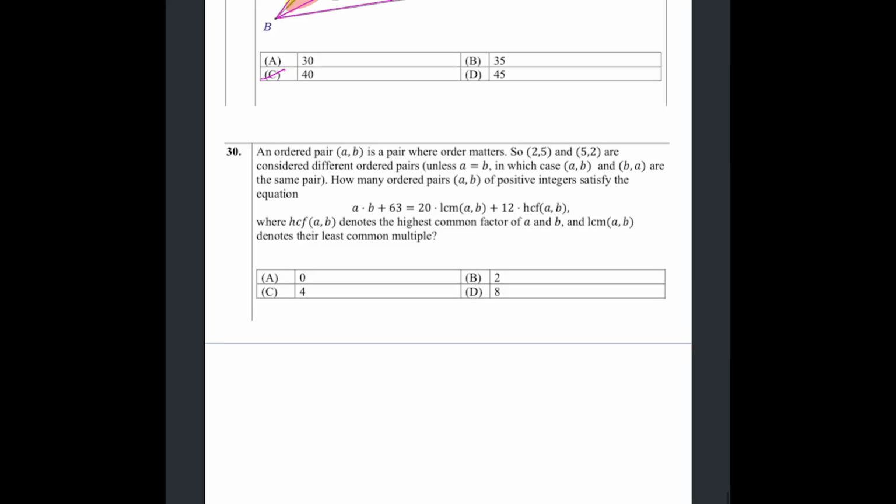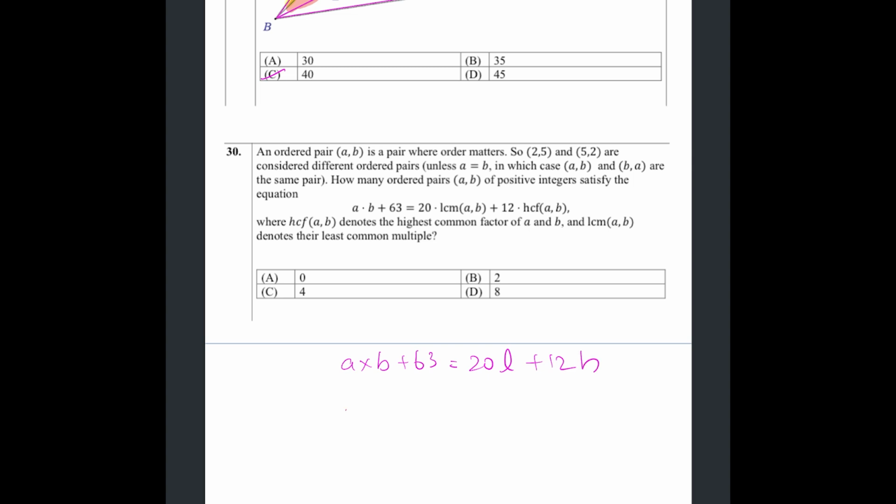That brings us to the last question. In the first few sentences, an ordered pair is being explained. So A into B plus 63 is 20 times its LCM plus 12 times its HCF.